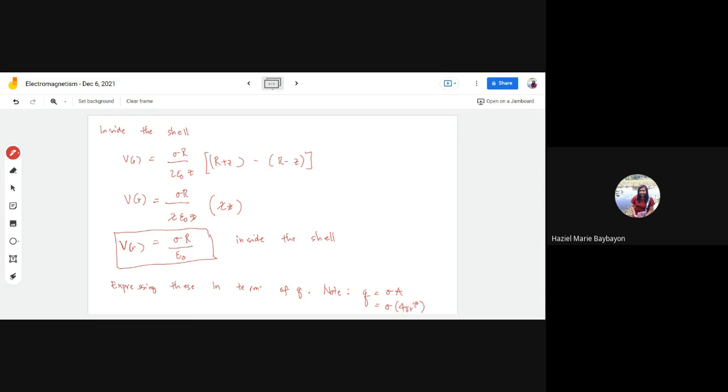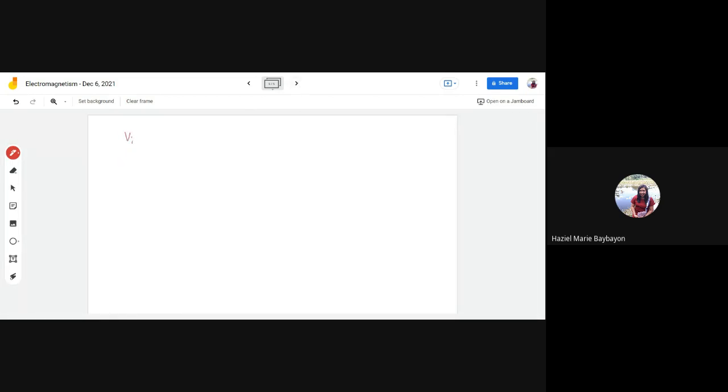So for V inside, we know that it is equal to R multiplied by sigma over epsilon naught. We can rewrite this as R over epsilon naught times Q over 4 pi r squared, which is just equal to Q over 4 pi epsilon naught, R.